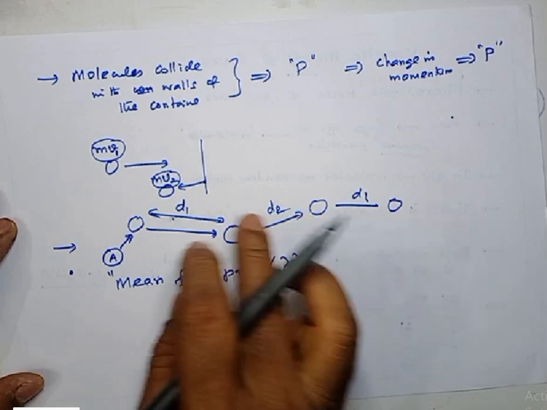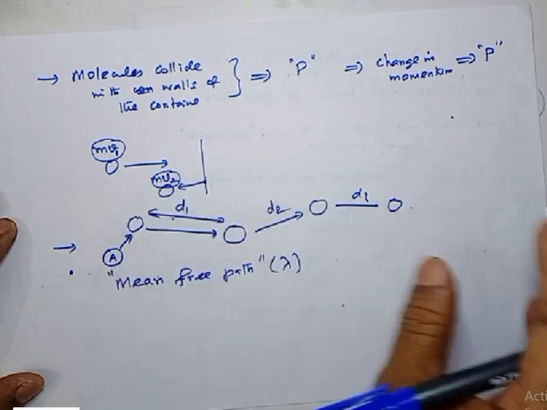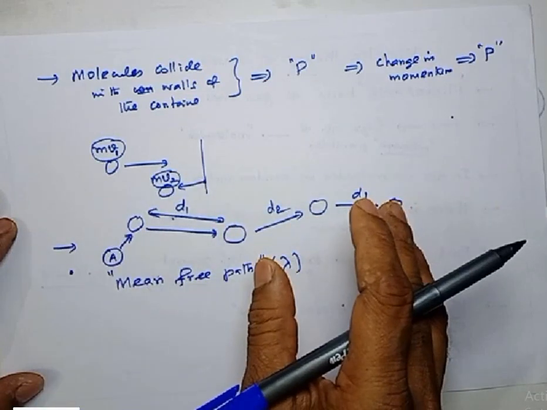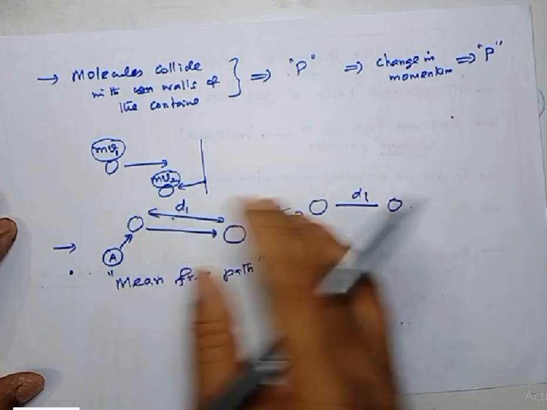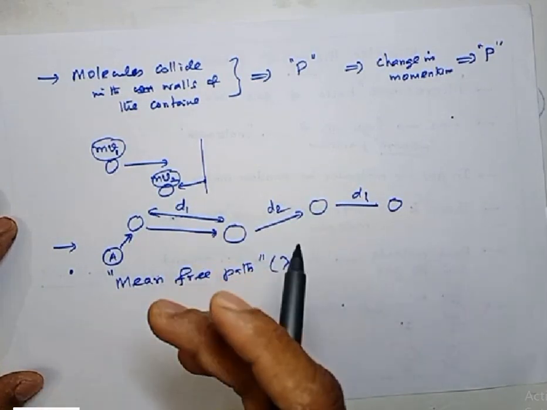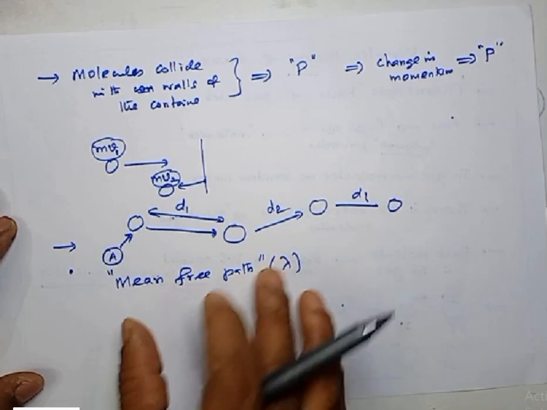Now you take the average. Find the total distance traveled by the molecule and divide by the number of distances. You will get what is called the mean free path. So what is mean free path?